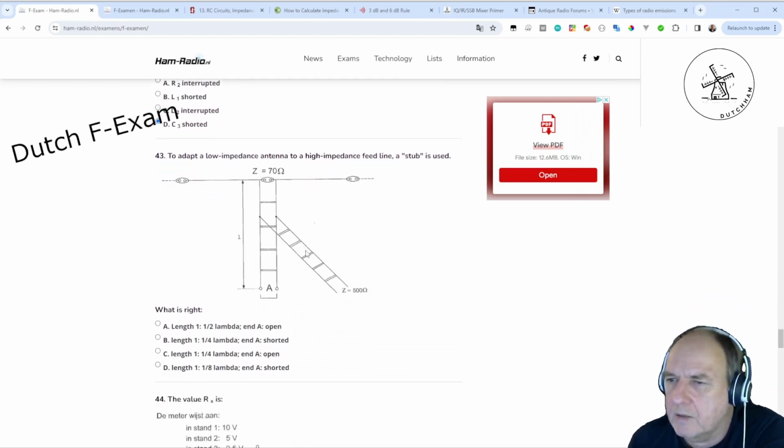To adapt a low impedance antenna to a high impedance feed line, a stub is used. What is right?